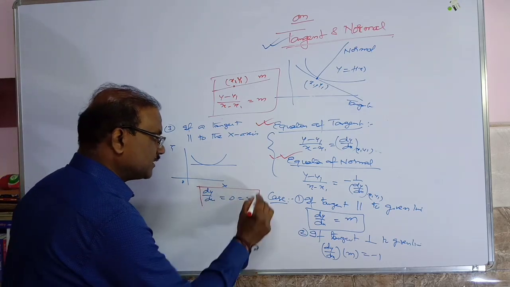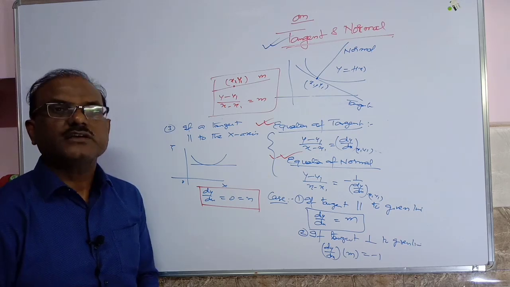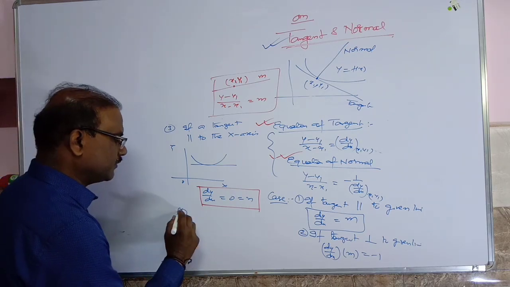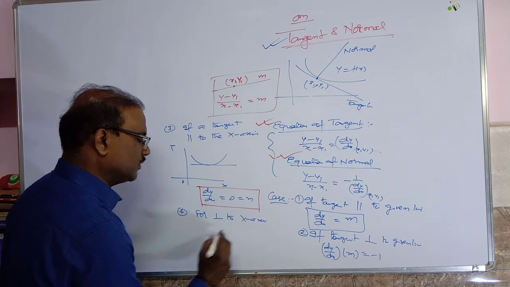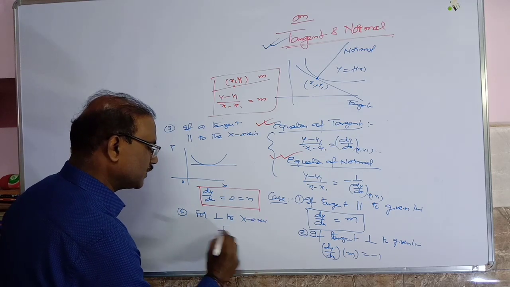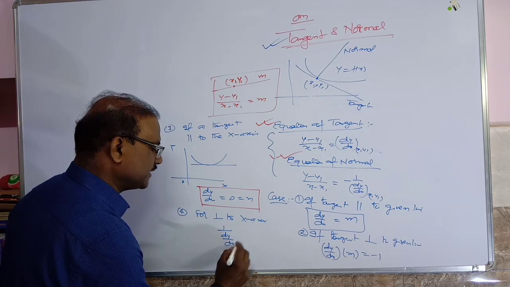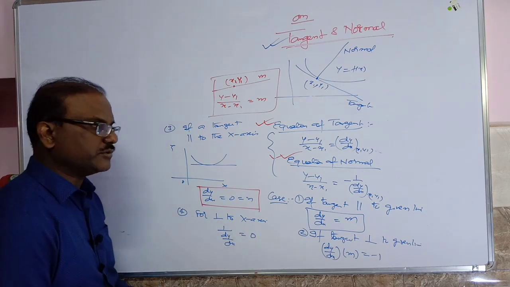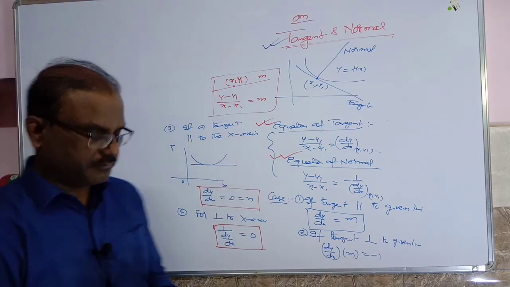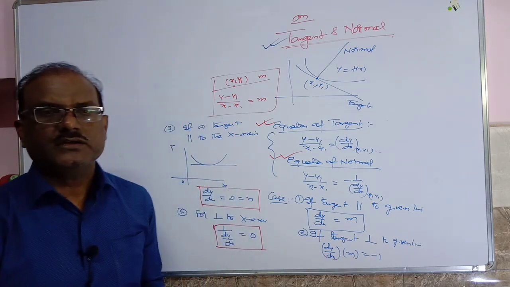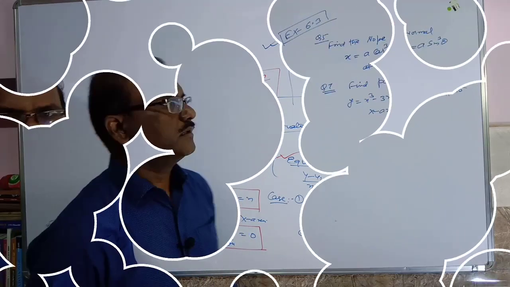The slope of that tangent will be 0. Similarly, for perpendicular to the x-axis, we must set 1 upon dy by dx equal to 0. In this way, we got some of the basic concepts of this exercise. We will go for the questions.